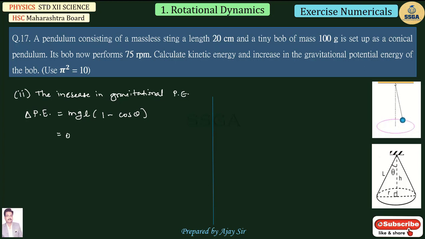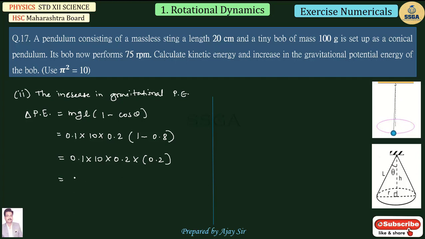So here m is mass 0.1, g is equal to 10, and l is the length, that is 0.2, into 1 minus cos theta, means it is 0.8. So therefore this is 0.1 into 10 into 0.2 into again 0.2.